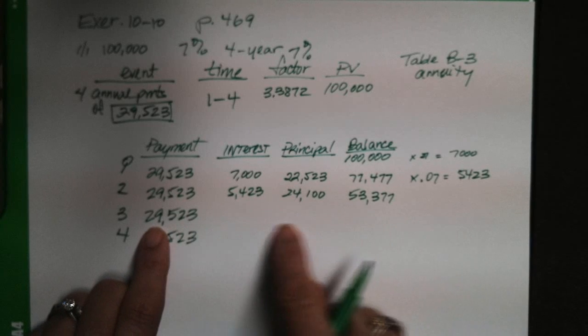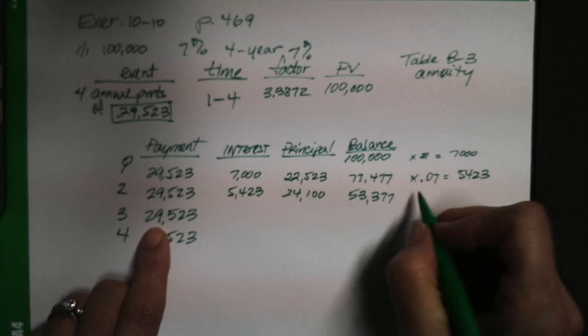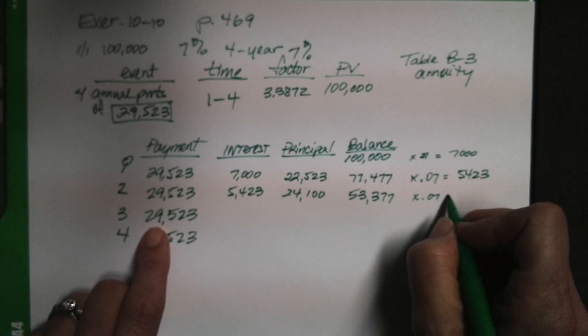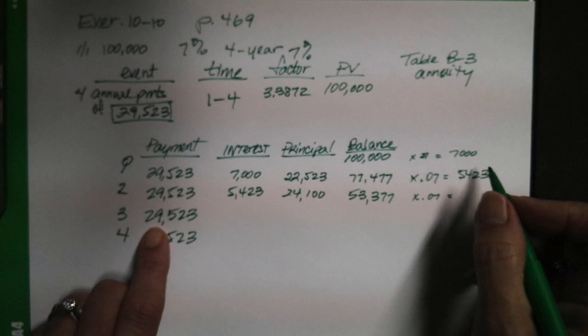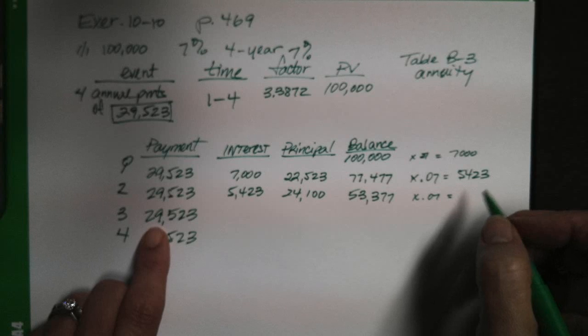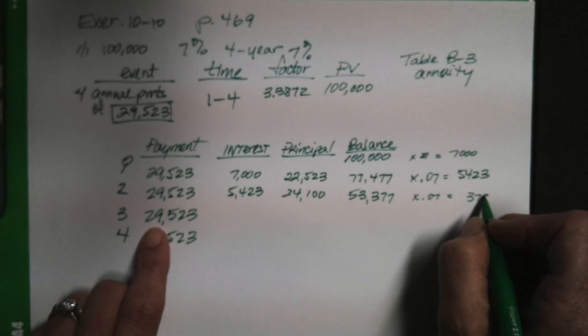Then in year 3, we're only paying 7% interest on this balance, which works out to be $3,736.